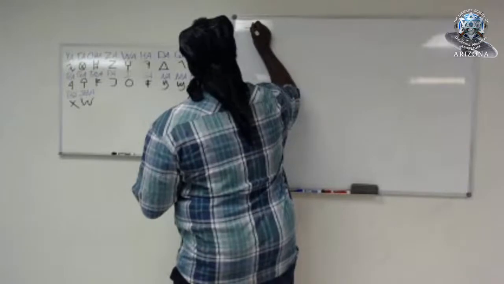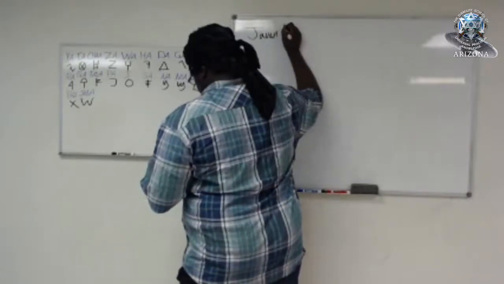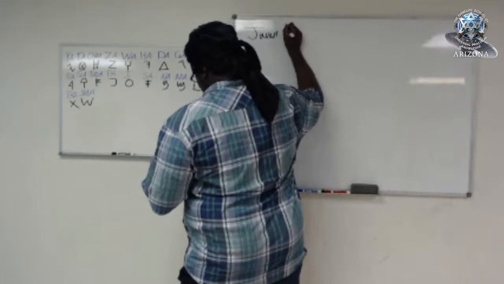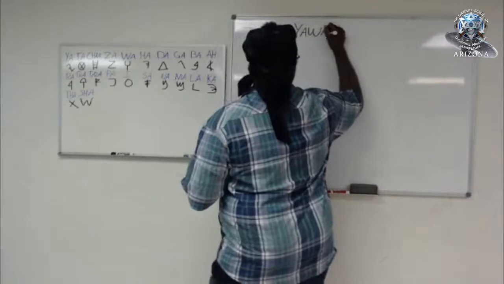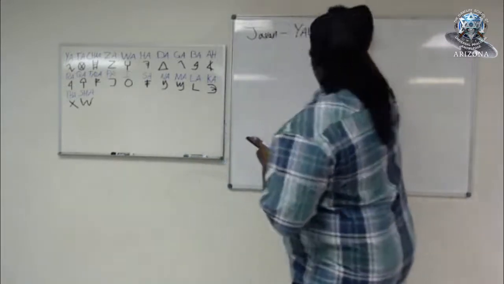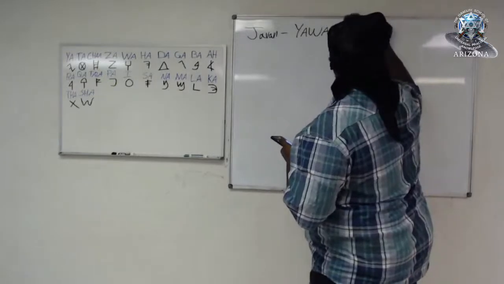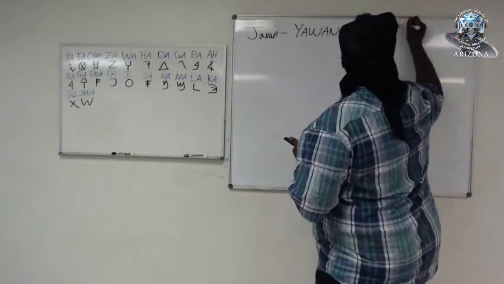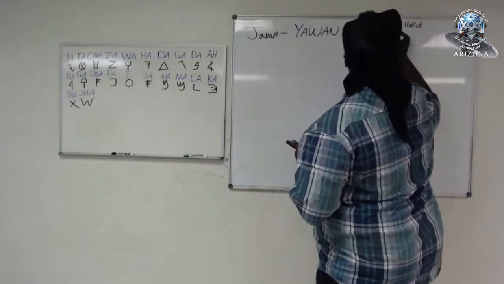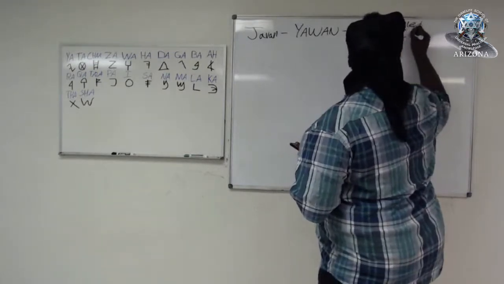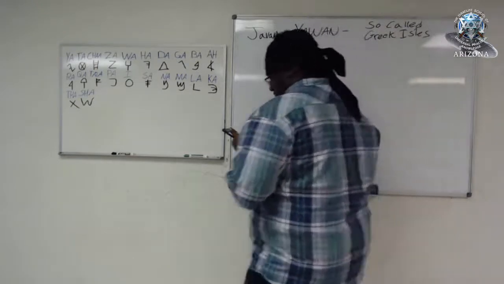All right, so go ahead. We got Javan, in Hebrew Yawan, right? These are the so-called people of the Greek islands, the Greek Isles.